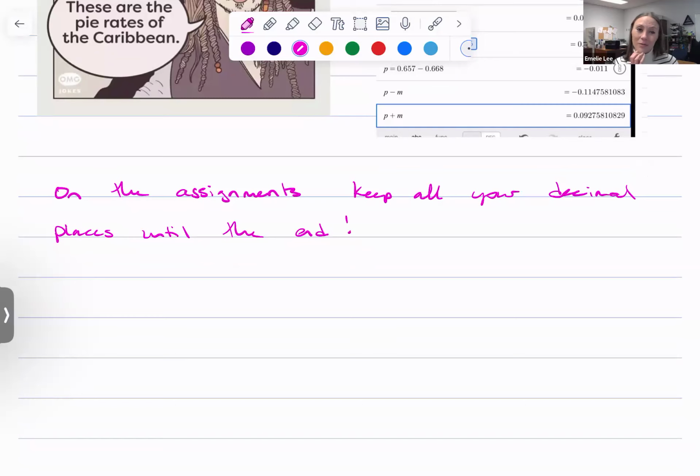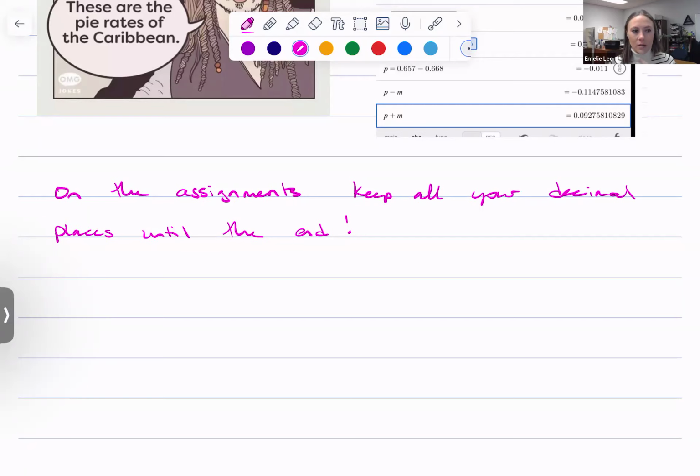This is fine if you're using something like Excel, where you can reference the cells, and that's easy enough. In fact, what I would encourage you to do is set up an Excel spreadsheet where you have a tab for 1 sample proportions, 2 sample proportions, and our new one today. But we're going to finish 2 sample proportions first.